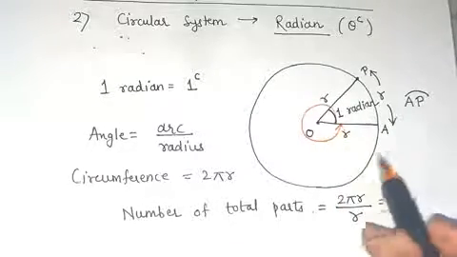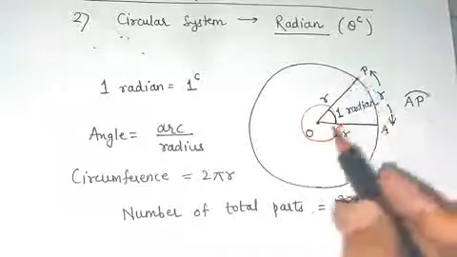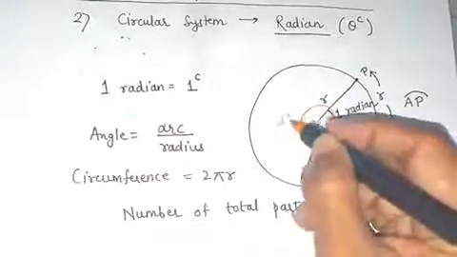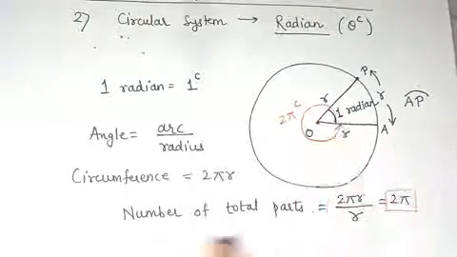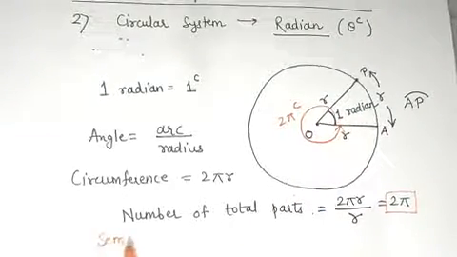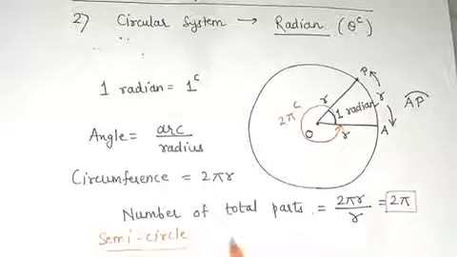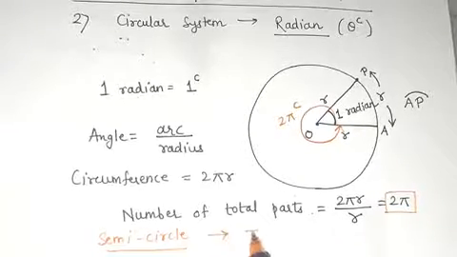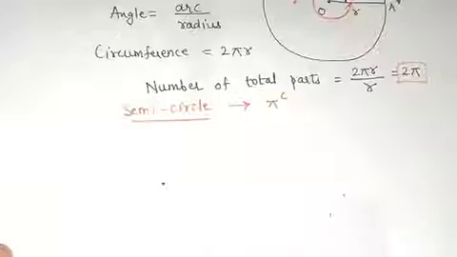Hence we know that the total circumference of the circle makes an angle of 2 pi radian at the center. Hence a semicircle will form an angle of pi radian at the center.